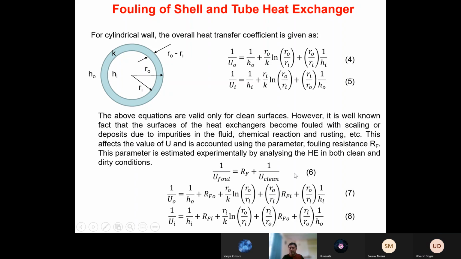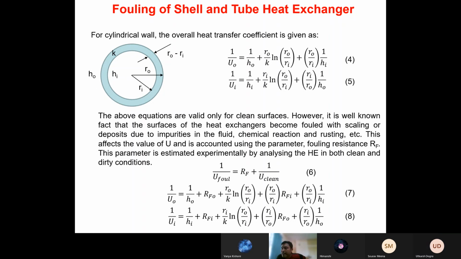When the fouling is there, the inner surface would not be exposed to the fluid, so there shouldn't be any point of using 1 upon Hi in that case. No. So fouling, see, if you are saying that this entire surface will be uniformly covered with the dirt, that's what you are saying? Yes, sir.